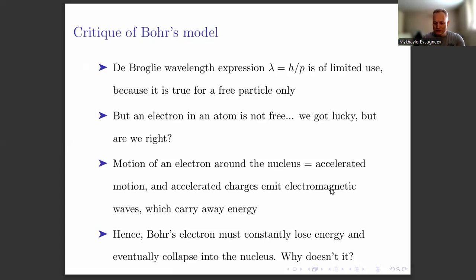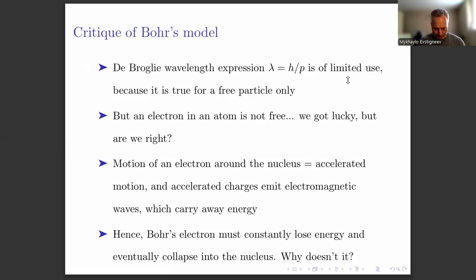He couldn't correctly reproduce the emission spectra of helium. So Bohr's model, I wouldn't say it is wrong, I would say it is incomplete. It needs to be extended somehow, or maybe we need to adopt a different view of particle waves.